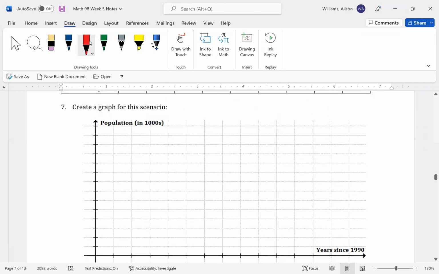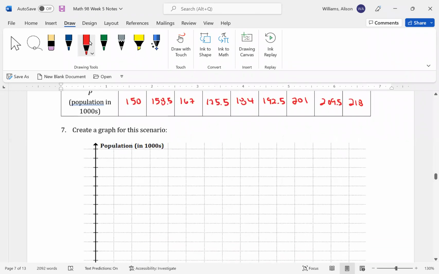So if I need to get to 200, round that to 220 divided by 14, about 15 each time. If I do 15 times 14, that comes out to 210. Yeah, it's a little bit shy.